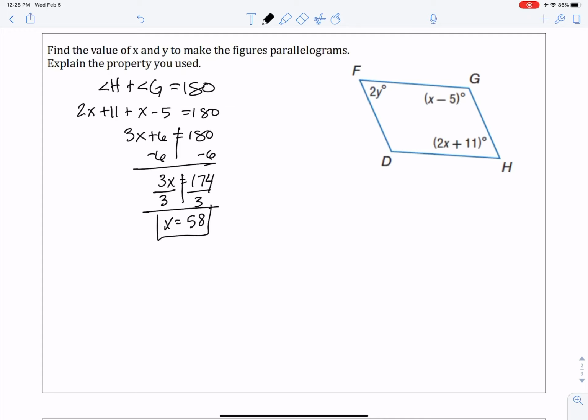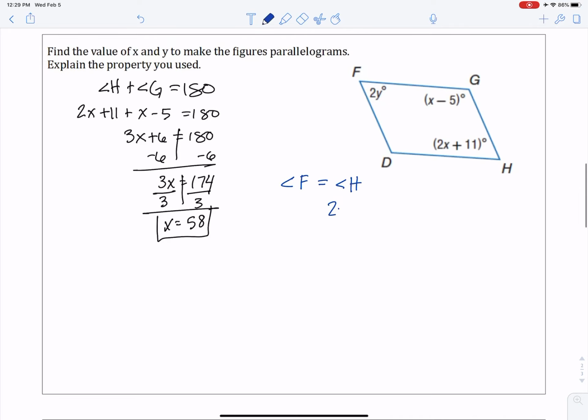So now I'm going to solve for y, and the relation that I have for y is angle F and angle H. So angle F is equal to angle H because they are opposite angles. So that means that 2y is equal to 2x plus 11, but I know what x is, so I can say 2y equals 2 times 58 plus 11.